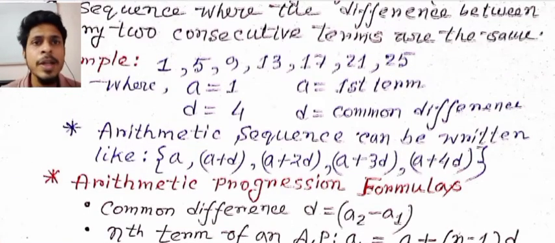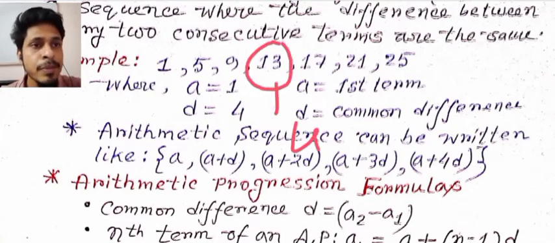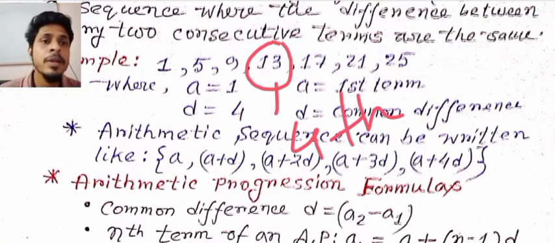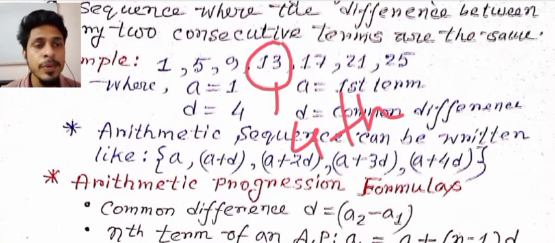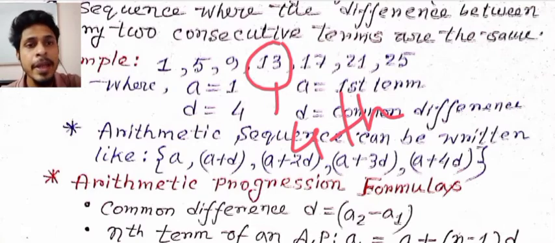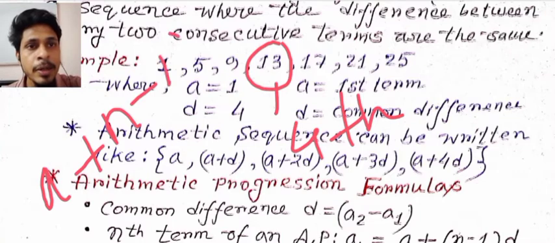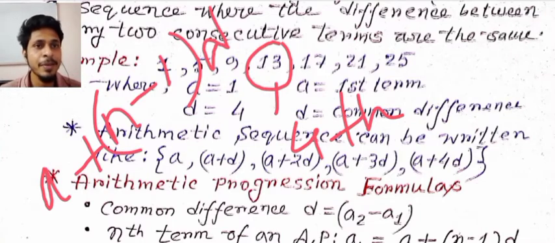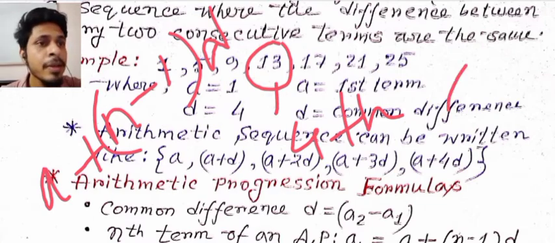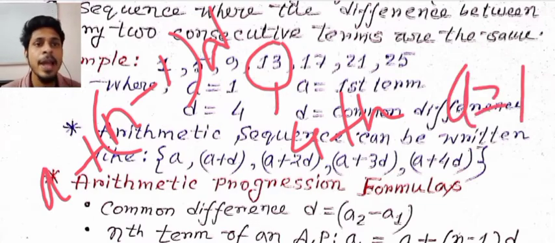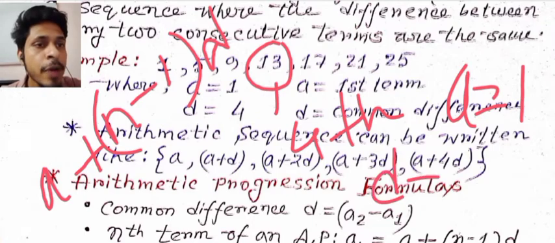Suppose we can't see the fourth term. Here we can see that this is the fourth term, but suppose we have to find it. How will we find this fourth term? We have to use the formula A plus n minus 1 into D. Here A is 1, because the first term is A, and the difference is 5 minus 1, second term minus first term, that means 4.